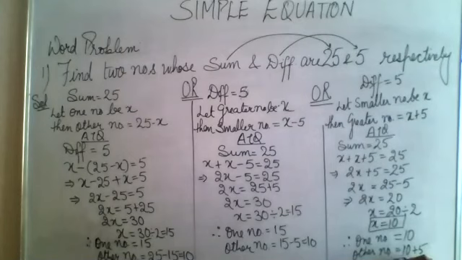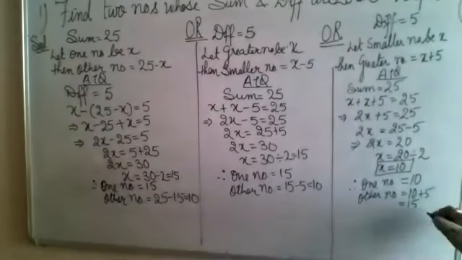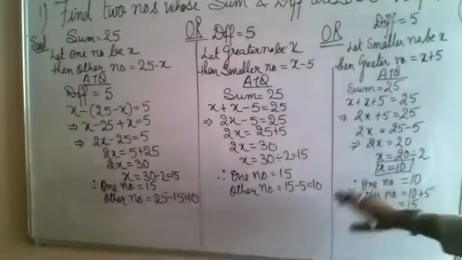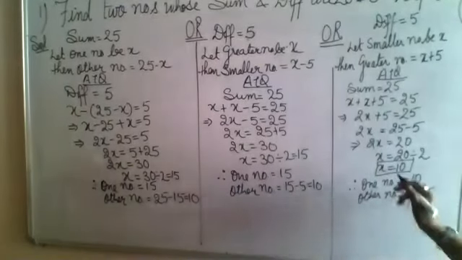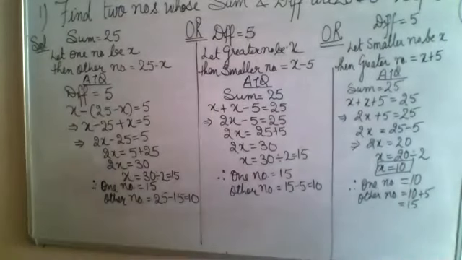In this way, you will get the same answers. So do it any way. The answer will be 10 and 15, or vice versa, 15 and 10. I hope this is clear to you. Let's take another question.